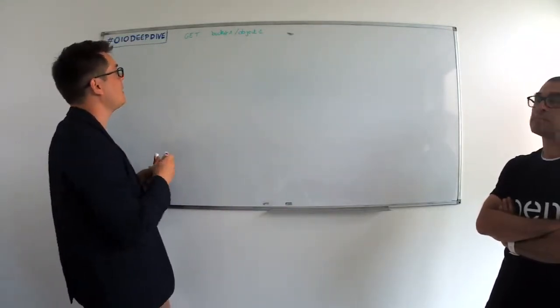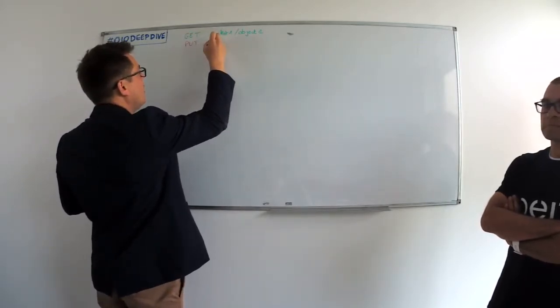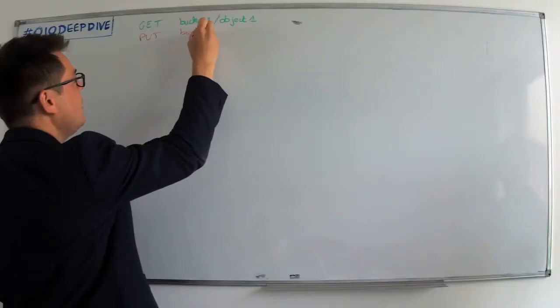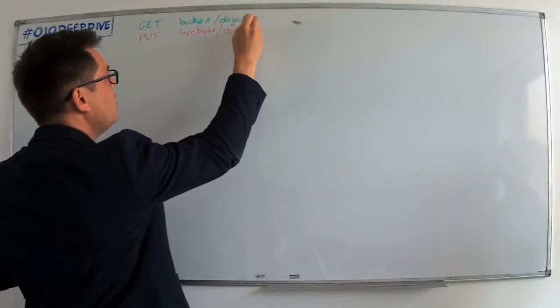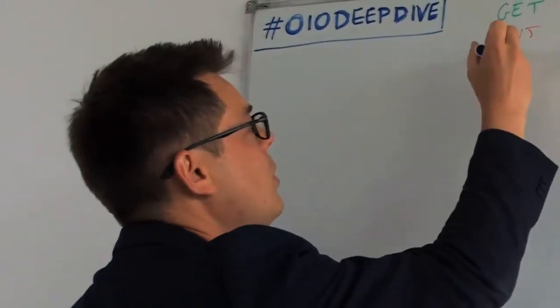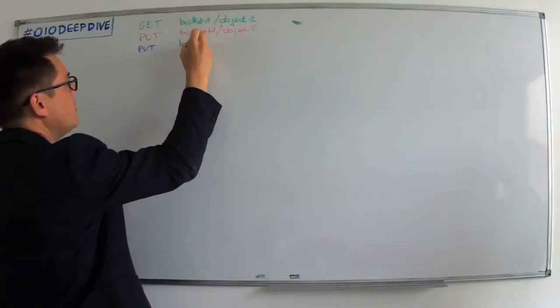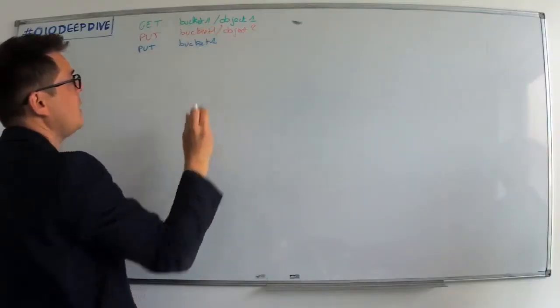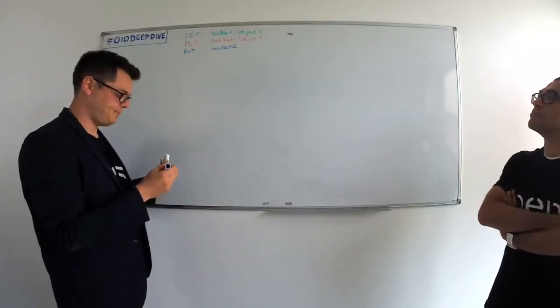Then I will explain how I can put a new data inside OpenIO using the S3 API, again using bucket 1, but this time I will put object 2, a new object. And finally I will explain how it works when you want to put a new bucket, let's say bucket 2. And finally, if I have the time, I will explain what will happen when I delete the data, bucket 2, sorry.